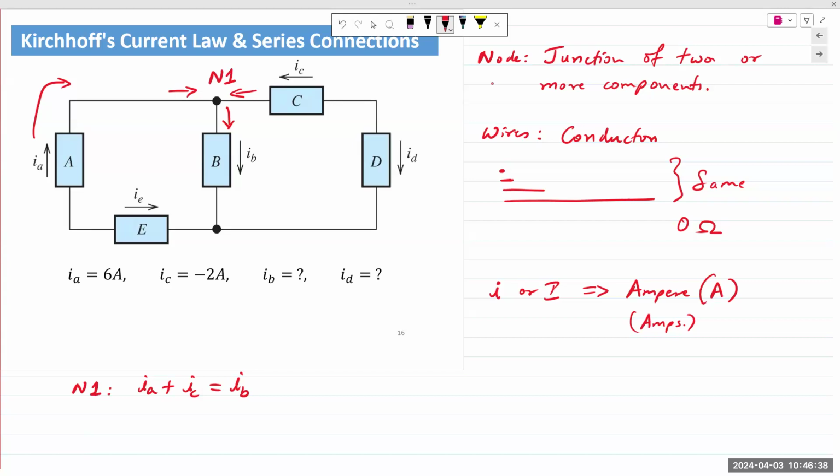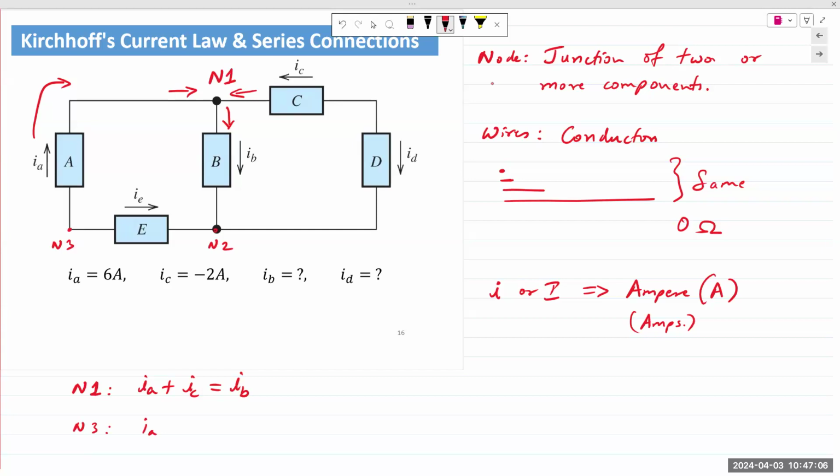Does that make sense physically? Physically it doesn't make sense, no. Theoretically, yes, it could work. The only thing is, mathematically, we'd put a minus sign in front of one of those currents. So if I was to write a KCL expression, let me call these N2 and N3. At N3, IA is leaving the junction.